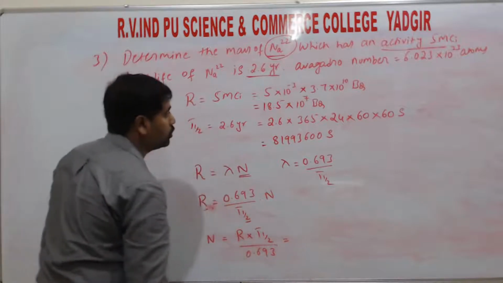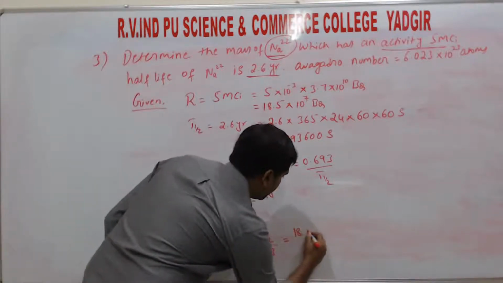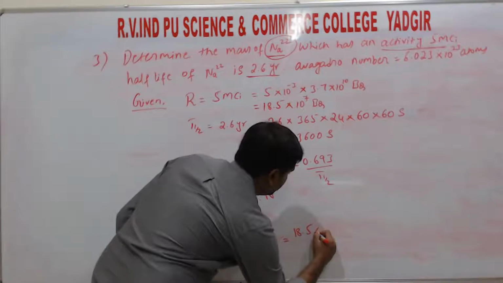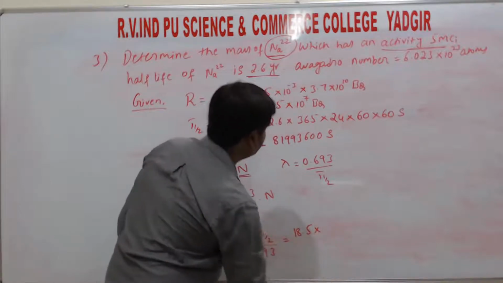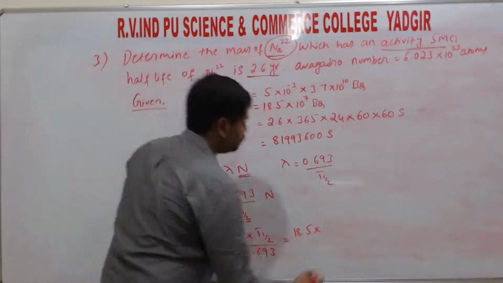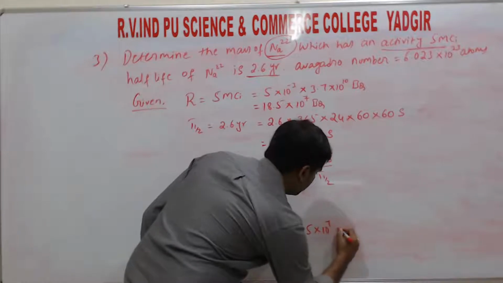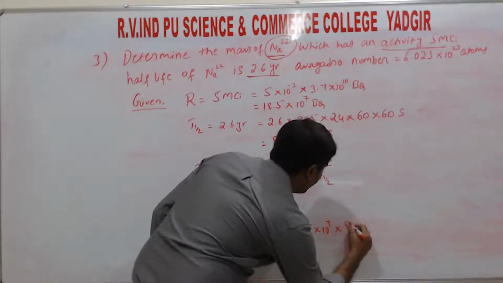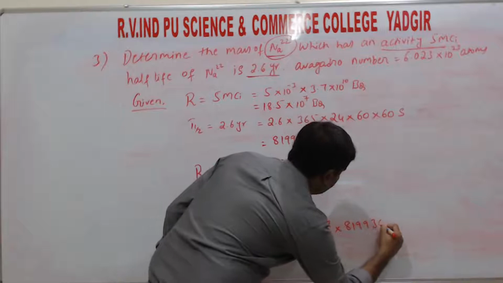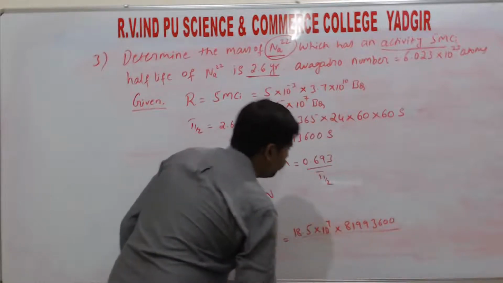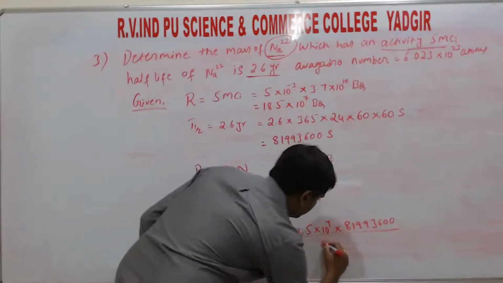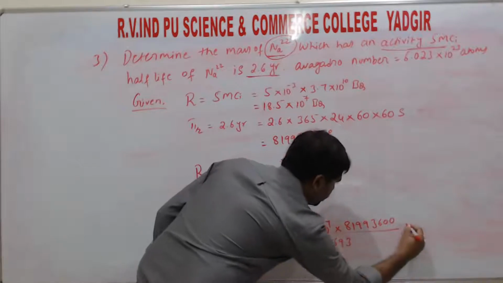So the R value is 18.5 into 10 to the power of 7 into 81993600, whole divided by 0.693, right?